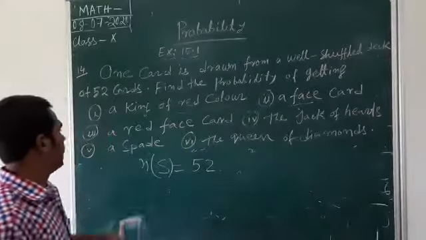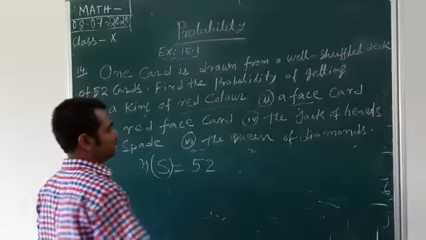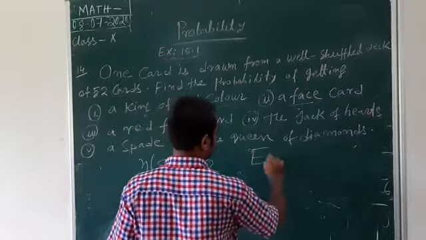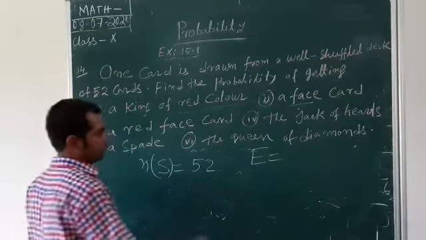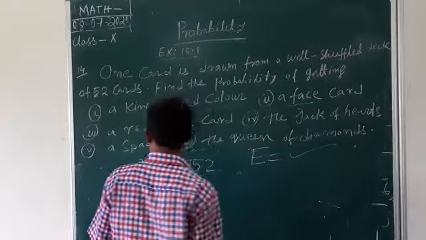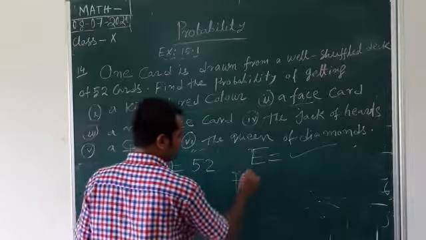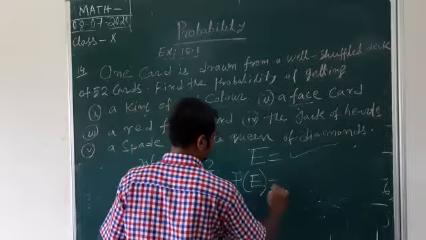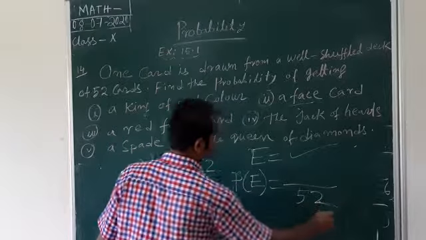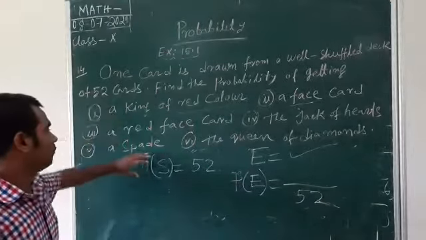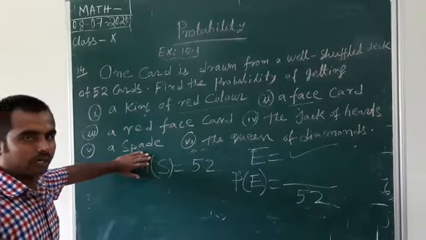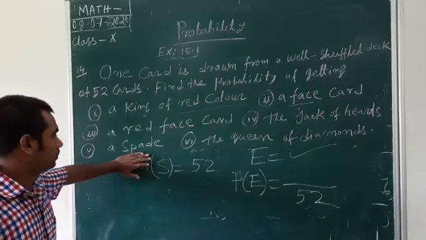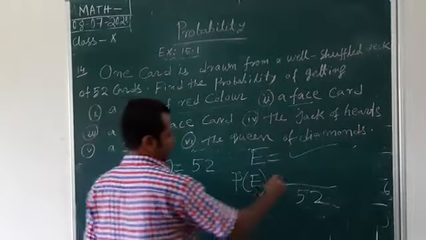Next, a spade. Again you write, let E be the event of getting a spade. So the probability of this event: the lower part is fixed at 52. How many spades are there? 13 spades.